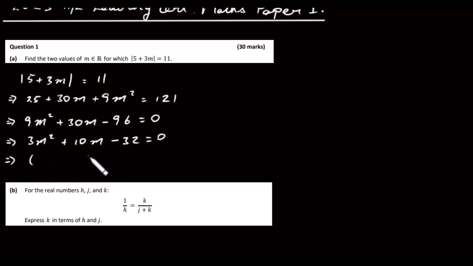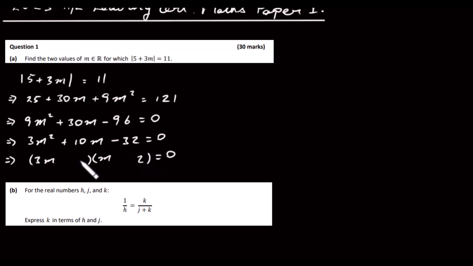This will factorize to give me 3m times m. And if I look at 32, I have 1 times 32. That's not going to work here. I've got 2 times 16. Now I can see if I multiply 3 by 2, it'll give me 6. If I subtract from 16, that'll give me 10. So that should work.